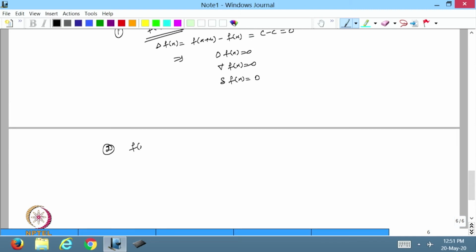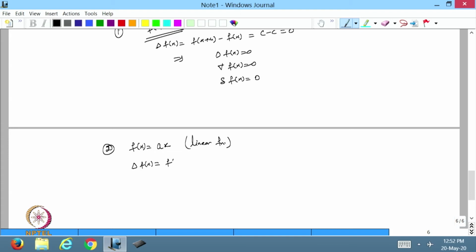If I take f(x) equal to some linear function ax. So, it is a linear function. Let us see what will happen. Now, suppose I apply the forward operator.